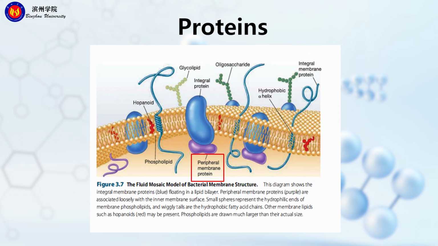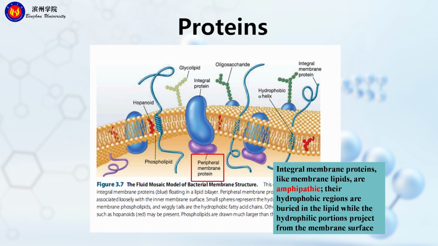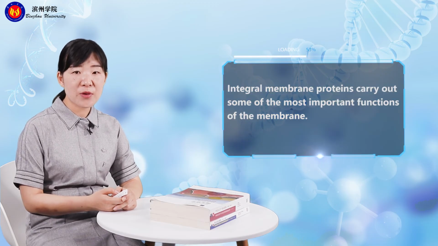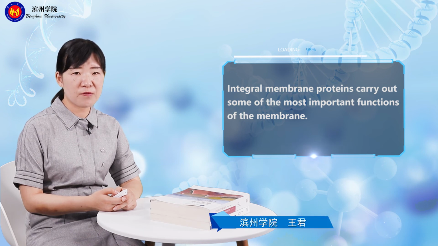Integral membrane proteins, like membrane lipids, are amphipathic. Their hydrophobic regions are buried in the lipid, while the hydrophilic portions project from the membrane surface. Integral membrane proteins carry out some of the most important functions of the membrane.